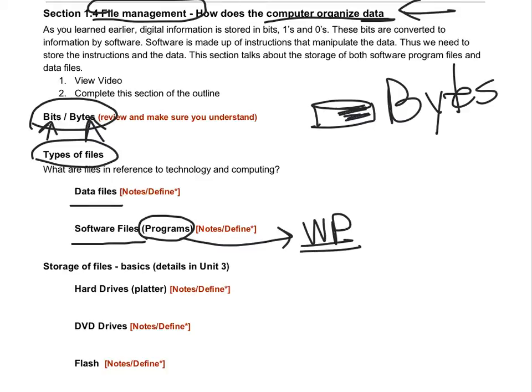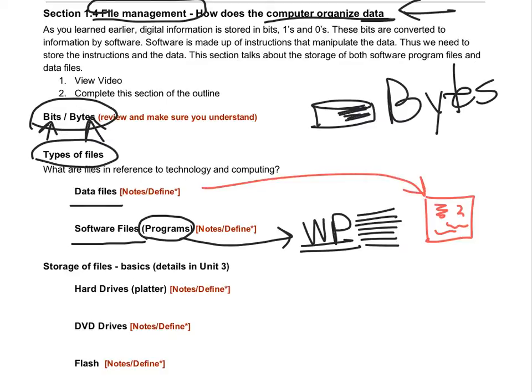That would be the instructions that manage your word processor. That has to be stored somewhere. And then that word processor, as you use it and create a document with all your stuff on there and maybe graphics and all that, that is your data file. So they both need to be stored.